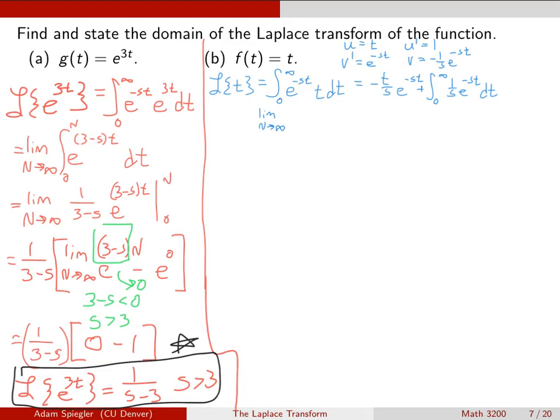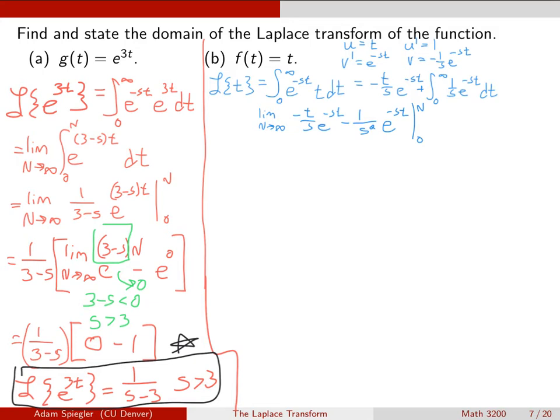of minus t over s e to the minus st. And then integrating again, we're going to get another negative 1 over s multiple. So I'm going to get a minus 1 over s squared e to the minus st. And we integrate that from 0 up to n.